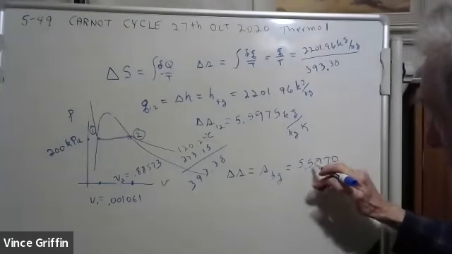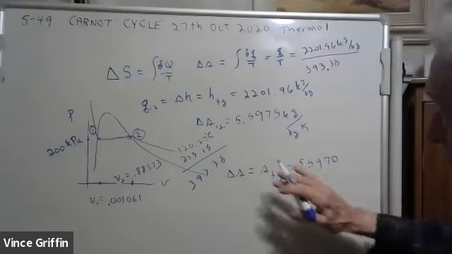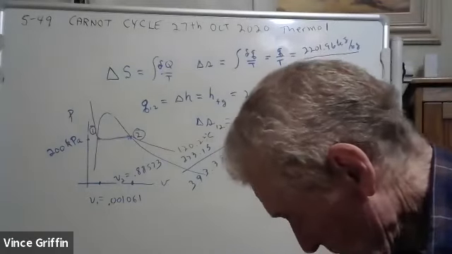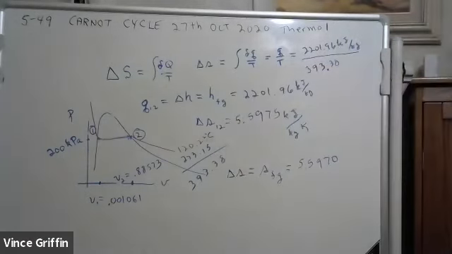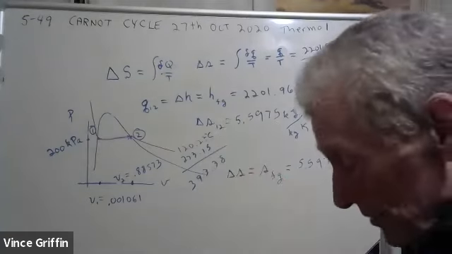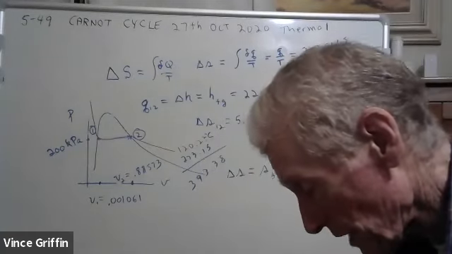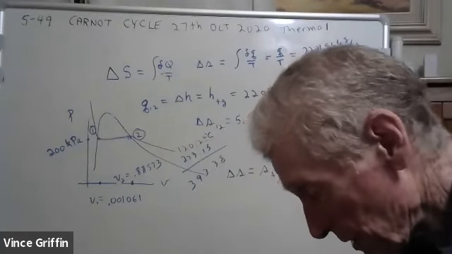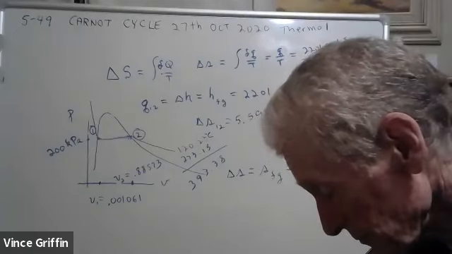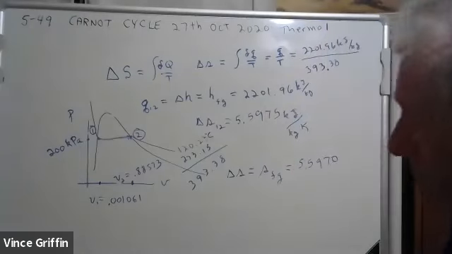That's pretty close to what we got. Pretty dang close. I don't know why we have a slight difference there, but it's pretty dang close. Guess what? That's how they got those values. That's where those values come from for specific entropy. Okay.